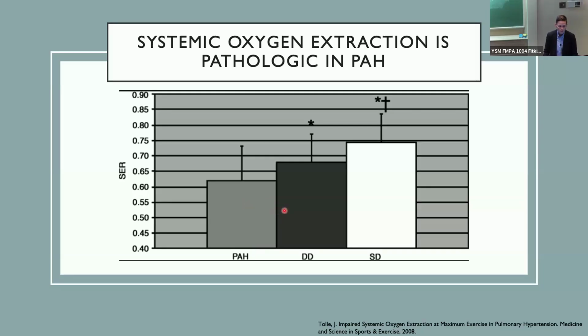In other words, in this population, peak aerobic capacity was limited not by oxygen delivery, but by the ability of the periphery to utilize oxygen. This highlights that pulmonary hypertension is likely not solely a pulmonary vascular disease. It has systemic manifestations, with impaired oxygen utilization perhaps playing a key role in exercise intolerance.